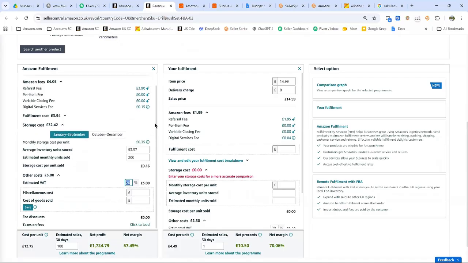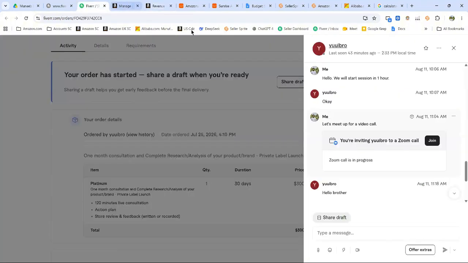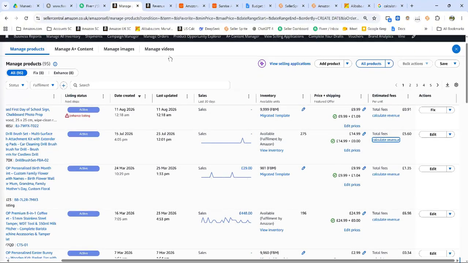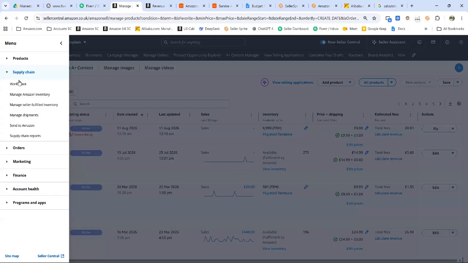So it depends on your sell through. That we can check in our reports as well, in supply chain.